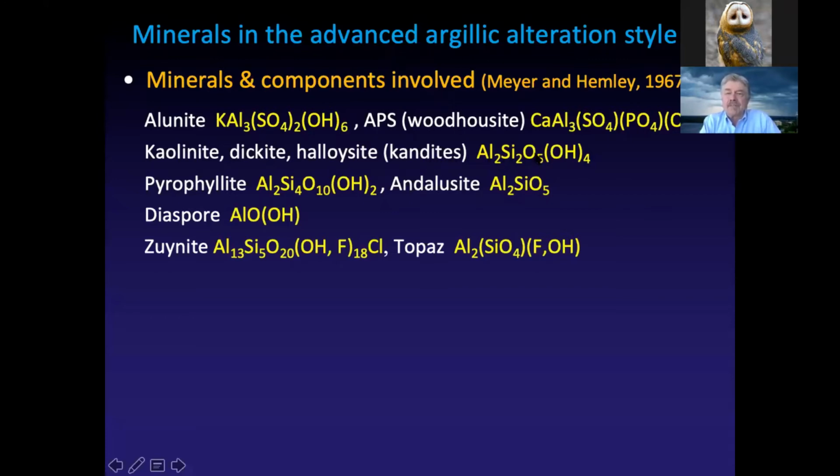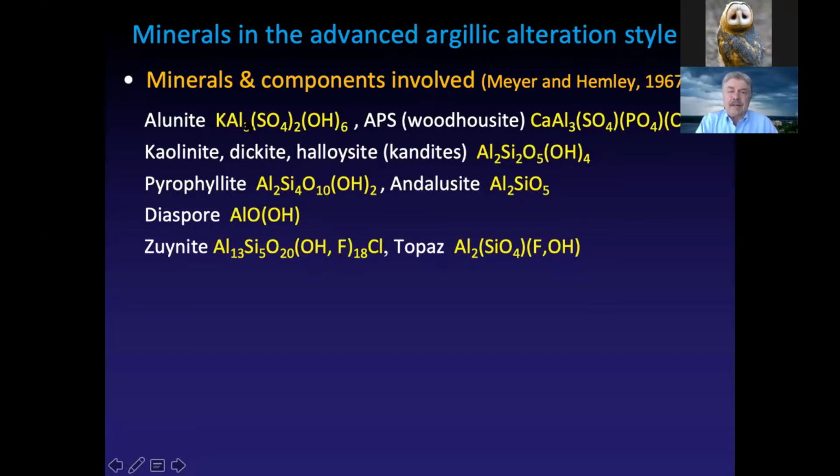They're aluminum silicates. Pyrophyllite and andalusite are also aluminum silicates. There's no potassium present or other cation. Diaspore is aluminum hydroxide. And then zunyite and topaz, these are also aluminum silicates, but they have fluorine. So we know there was a lot of fluorine present, as well as chlorine.